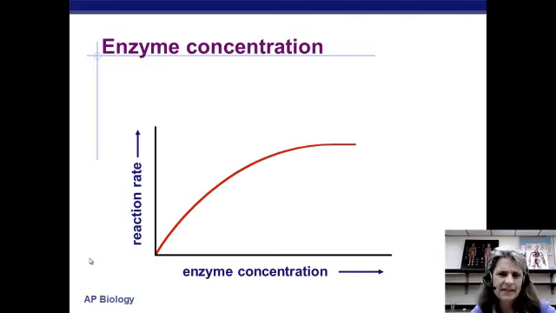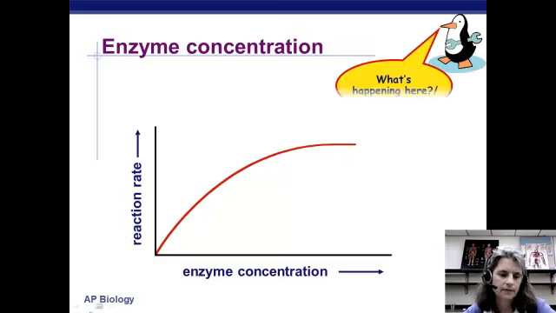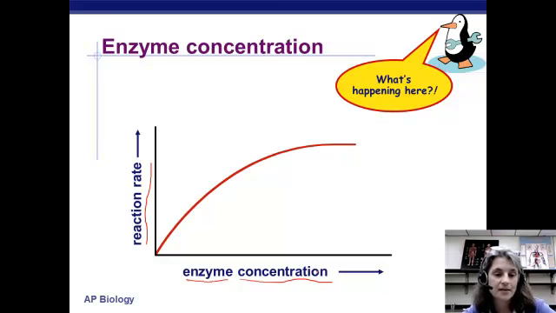Now, with each of these, we're going to look at a graph, much like the one that we create with toothpick ace in class. That graph is showing us, on this side, on the y-axis, the reaction rate, and on this particular axis, our independent variable, enzyme concentration.